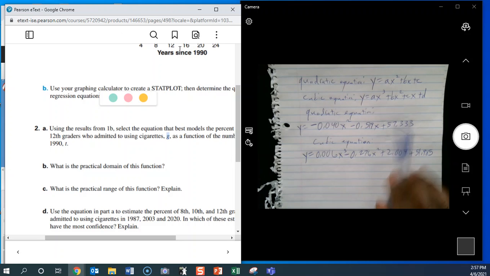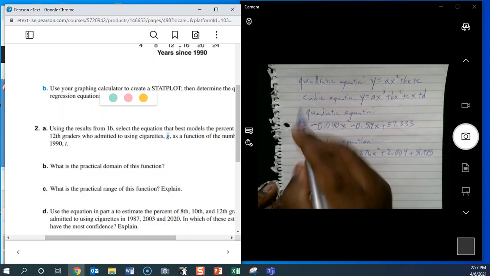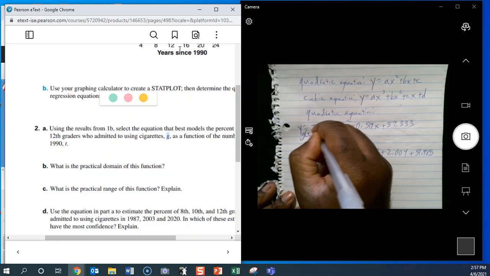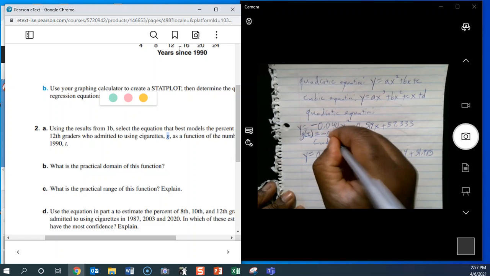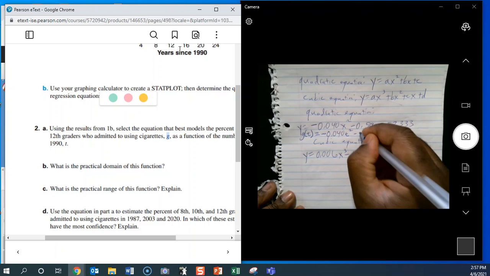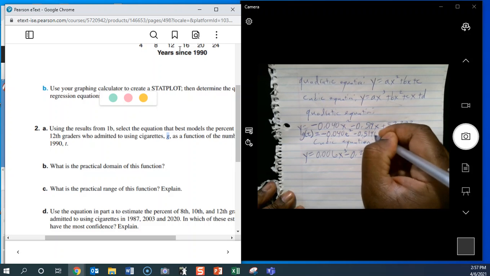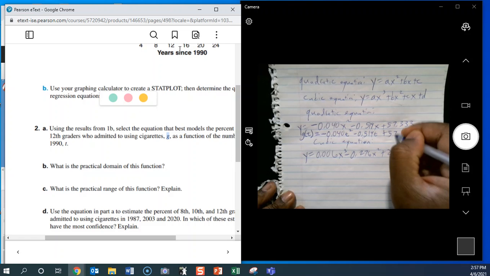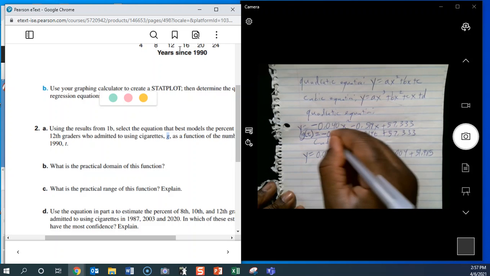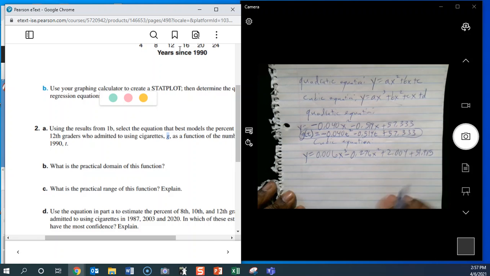So we're going to rewrite this quadratic equation. So y will become g of t. And then these numbers will remain the same, but the x's will become t's. So this is the form they want it written in, with g and t.